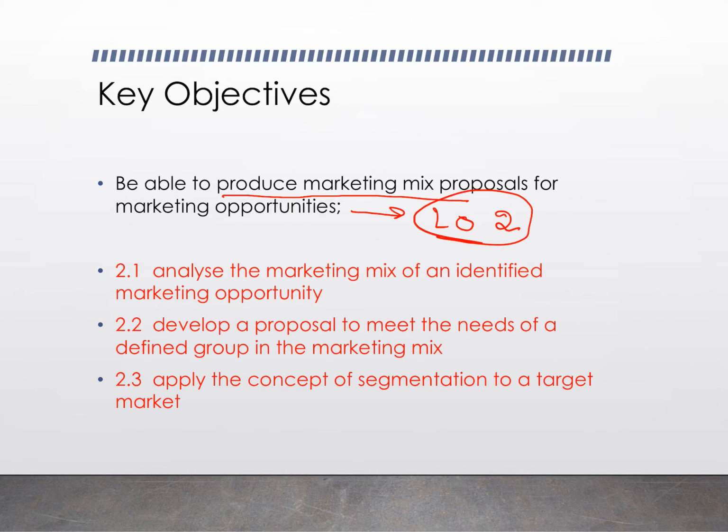In order to address learning outcome 2, there are 3 assessment criteria. You should be in a position to answer these 3 questions after completion of this session. Let's see how far you can address these 3 questions.